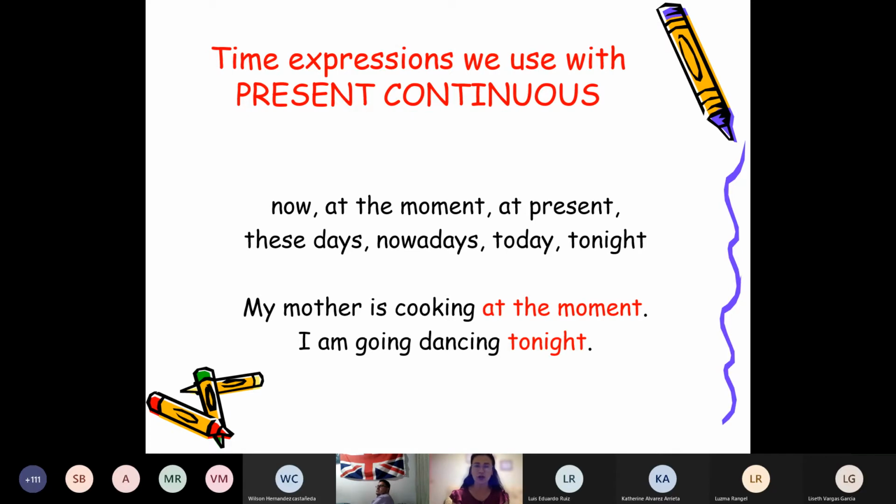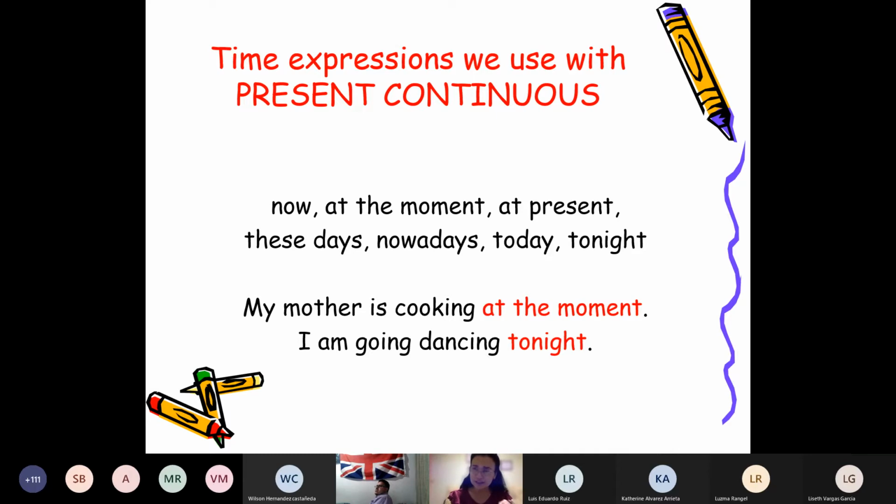When you want to express the present continuous, the most popular expressions that you use are now, at the moment, at present, these days, nowadays, today, tonight. For example, my mother is cooking at the moment.